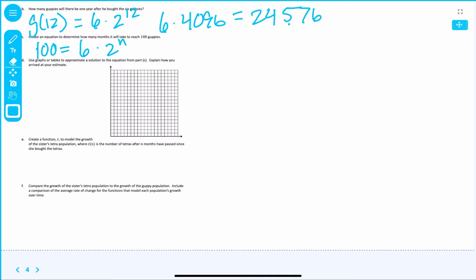D, use graphs or tables to approximate a solution to the equation from part C. Explain how you arrived at your estimate. So since I'm not going to do the graph, because it's going to be too small, I'm going to make a chart over here.